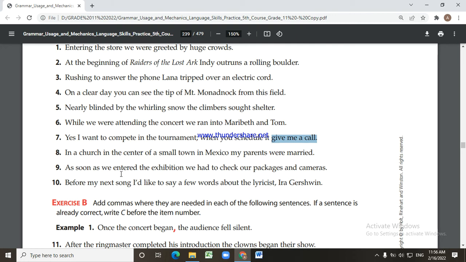After it. So we have two commas after yes and after it. In number 8, read number 8, my dear, carefully. Yes, we have to add a comma after Mexico. In number 9, yes, good, a comma before we.